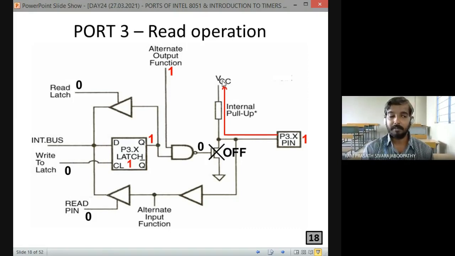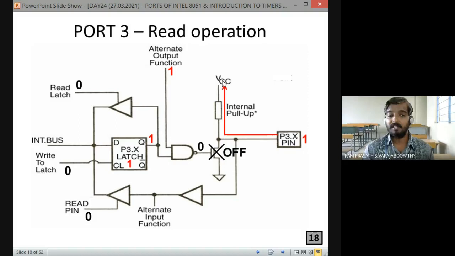Input device நான் connect பண்ணலைன்னா எனக்கு என்ன logic கிடைக்க போகுது? read பண்ணா 1 தான் கிடைக்கும். Fine. But in the case of port 0, if you are going to work with port 0 for input operation, you need not have a puller. That means whatever the logic given by the device, but device எப்படி கொடுக்கணும் logic?